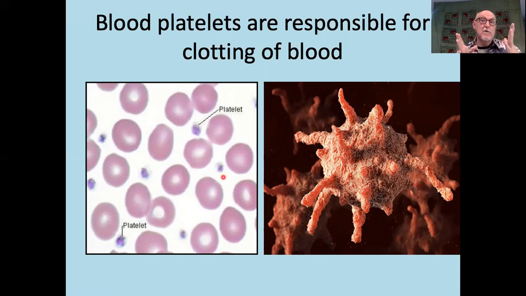Now, there are various ways you can stop blood from moving in the body. The commonest place you will see platelets in action is if you get a cut. If you get a cut and the cut bleeds, then what you've actually done is you've stopped blood from circulating. Where the blood is pooling, you've stopped it circulating.